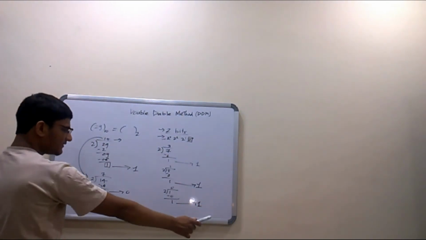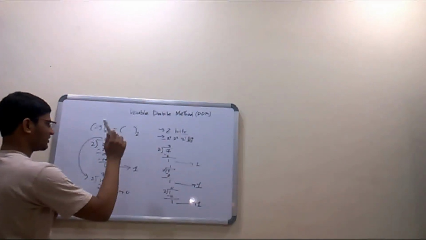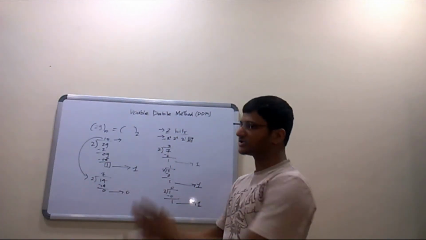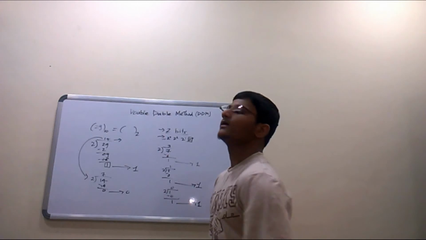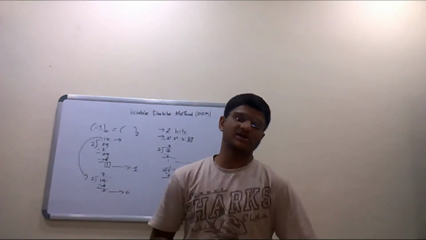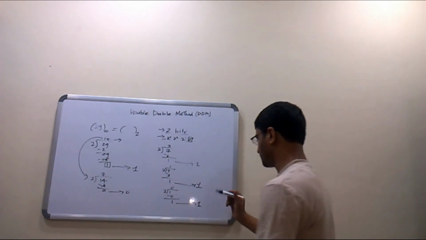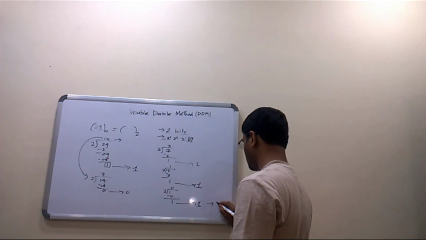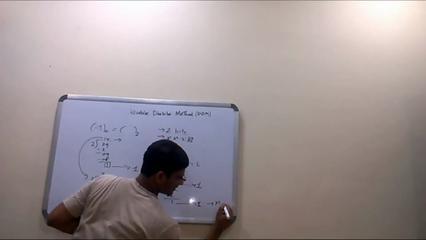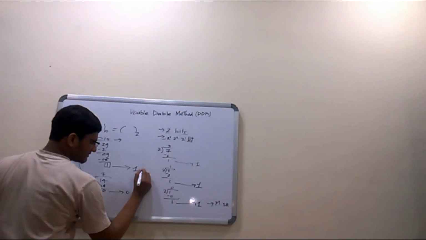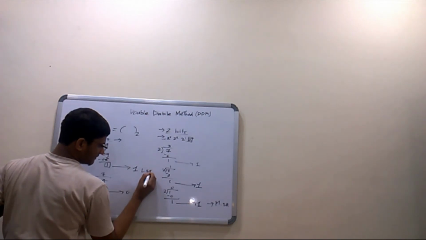So here we have got 1, 2, 3, 4, 5 remainders. That means our equivalent binary number is of 5 bits. The last number we got is our most significant bit, and the first number we got is our least significant bit.